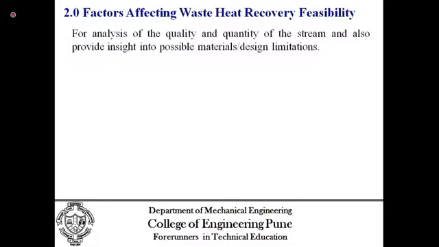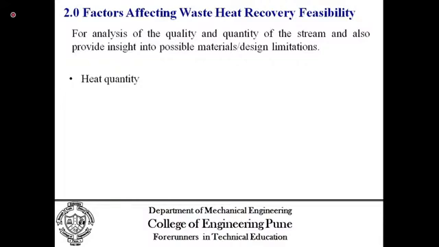Let us go to the second part, that is which are the factors affecting waste heat recovery. These are some of the factors. The first is heat quantity, as we have discussed. What is the quantity of heat available? The simplest equation is m into Cp into delta T. m is the mass flow rate of the fluid which is at a certain higher temperature.